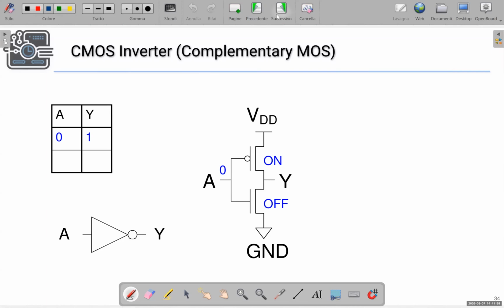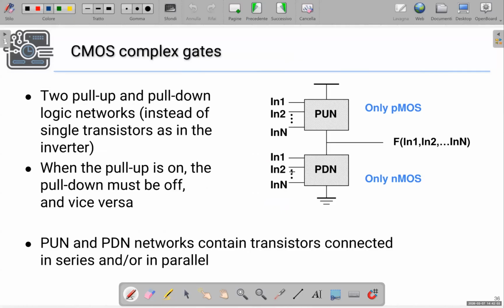The same for the pull-down network, which should not include just a single NMOS switch, but a network of switches connected in series and in parallel to implement specific logical functions.